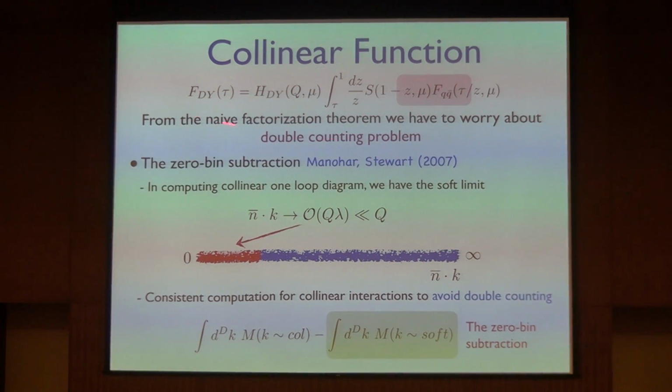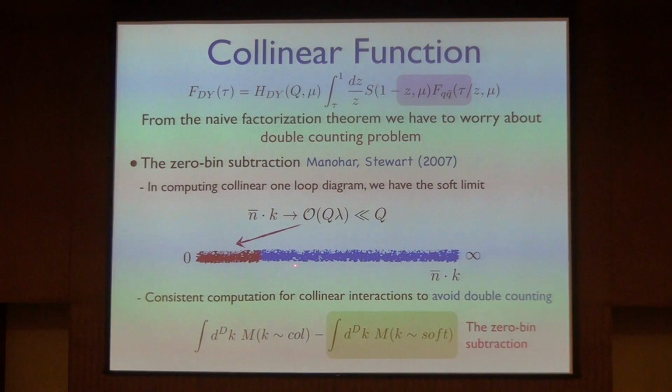The main difference is closely related to the double counting problem. So why is there a double counting problem? Even though at the operator level we decoupled soft fields from the collinear field successfully, in actual computations we have to worry about the double counting problem.